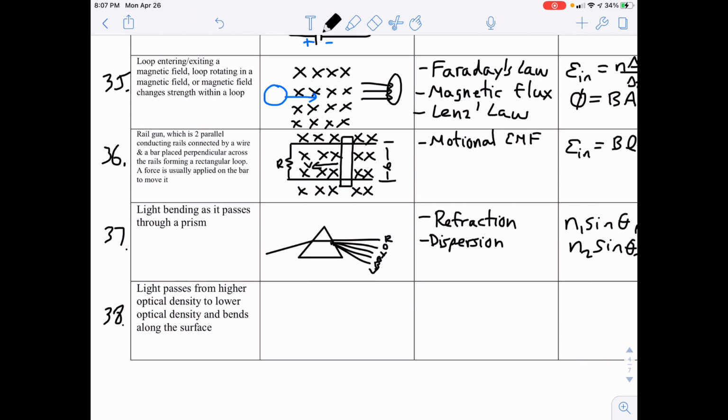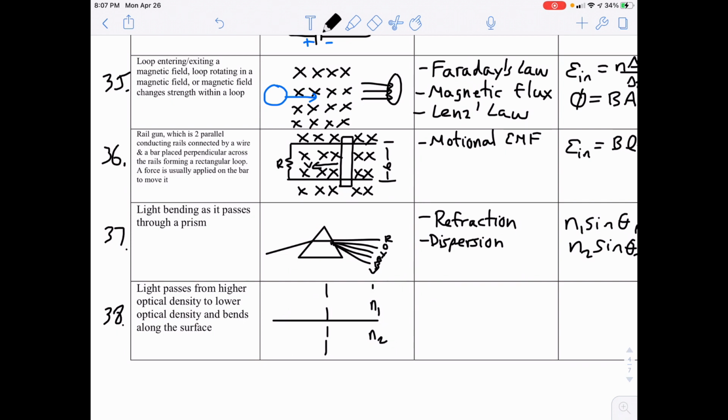Now in question 38, we have a case where light is passing from a medium of higher optical density to a medium of lower optical density. For instance, light passing from plastic into air or glass into air. I'm going to put the region of higher optical density up top, and we'll make this n1. n1 is the index of refraction of medium 1. n2 is the index of refraction for medium 2.